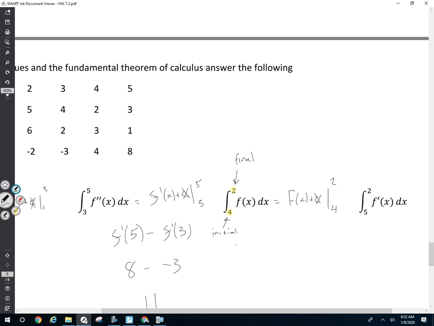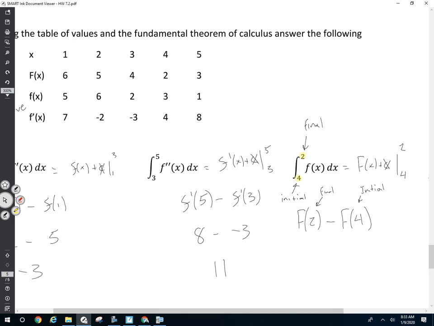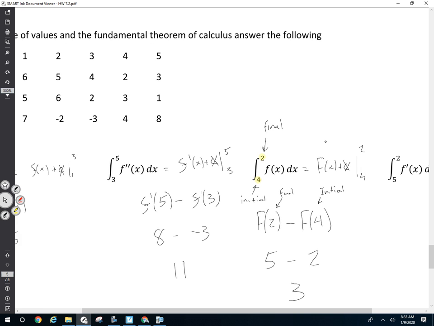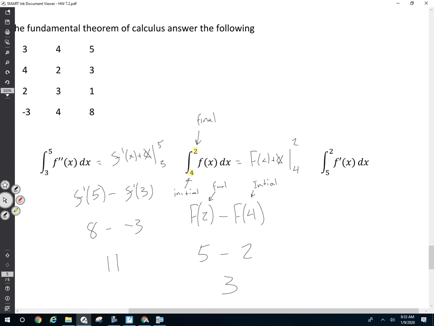It's actually saying f of 2 is my final position. F of 4 is my initial position. So make sure this is our final minus our initial. Big F of 2 is 5. Big F of 4 is 2. So this ends up being a positive number. It's like you're going back in time to figure out a certain position or something.